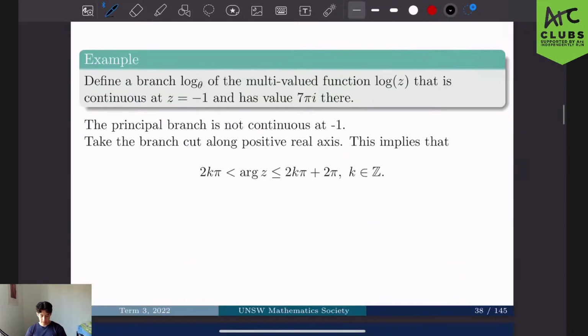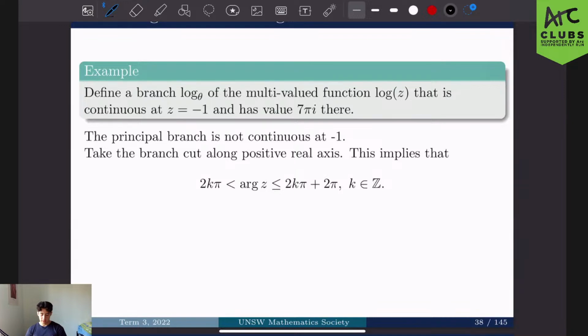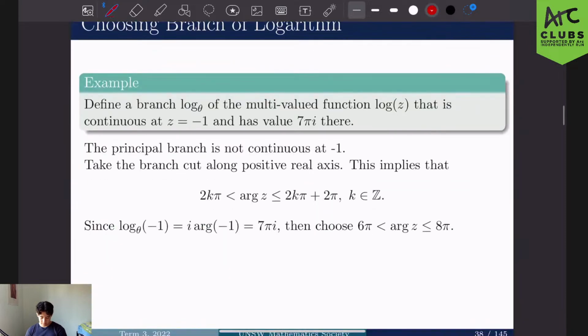So we can just take the branch cut along the positive real axis, right? So that's probably the simplest one. We can pick another one, but that's probably the simplest. So this implies that we'll have some 2k pi here, ensuring that the branch cut is on this real axis here. If it's every 2k pi, it will be on the real axis. And yeah, so this is just the definition of the branch of log.